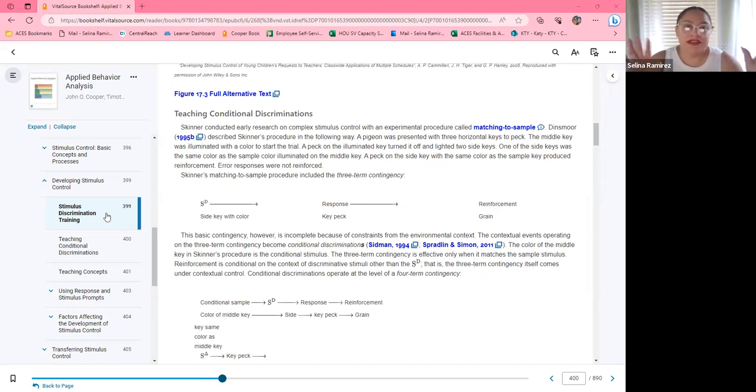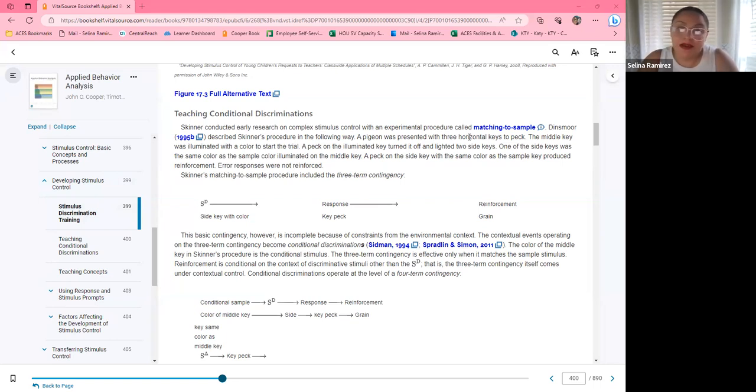And then we're also teaching discrimination. So now we're going to go into teaching conditional discrimination, and it's going to give us an experimental example from Skinner. Okay, so the Skinner procedure: a pigeon was presented with 3 horizontal keys to peck.